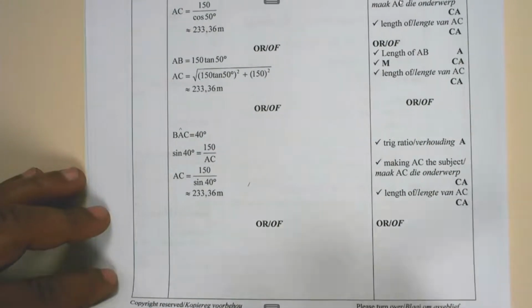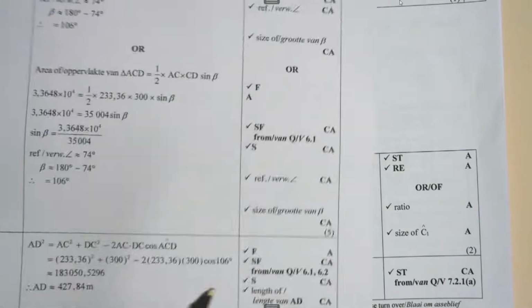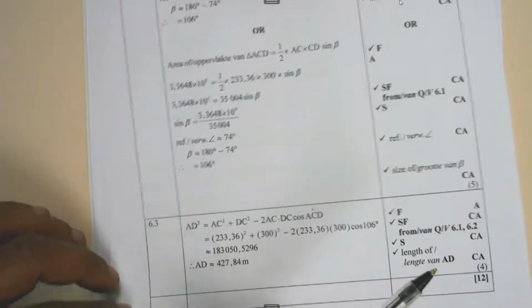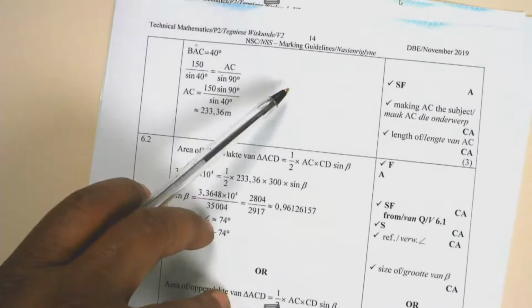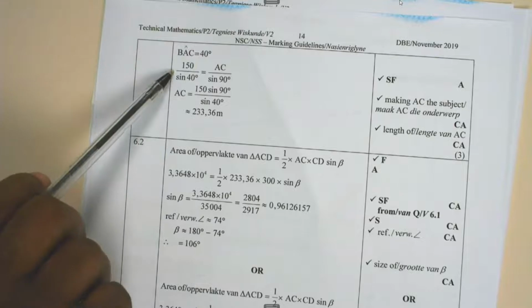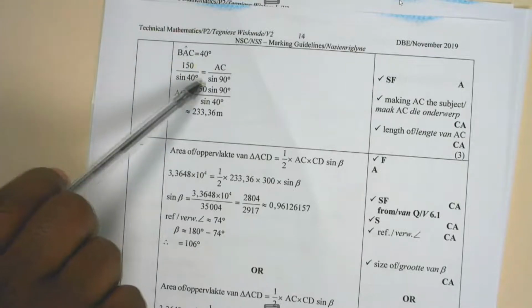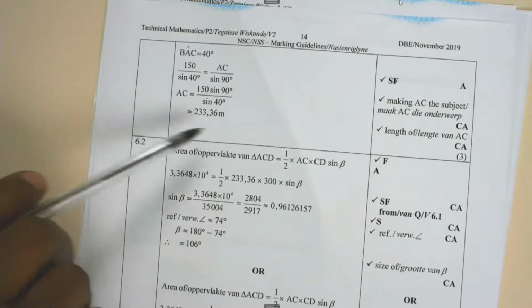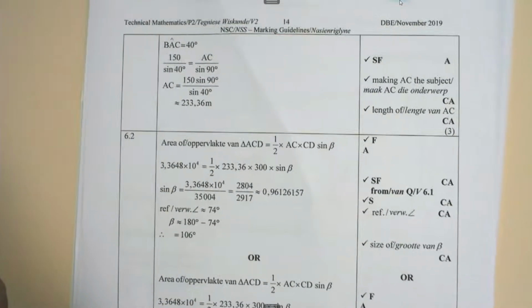We also have another alternative on the next page, colleagues. We realize that a learner may also say, let me apply the sine rule. It will still give the same answer, 150 over sine 40 and AC over sine 90. And then the answer will still be the same.